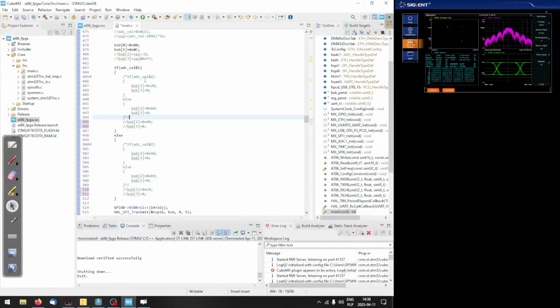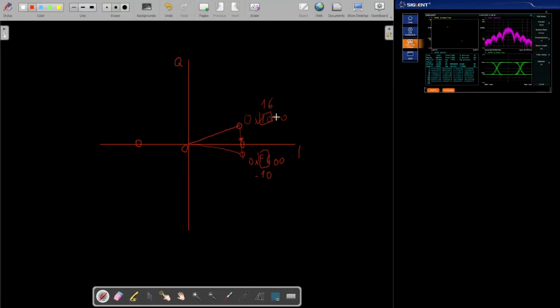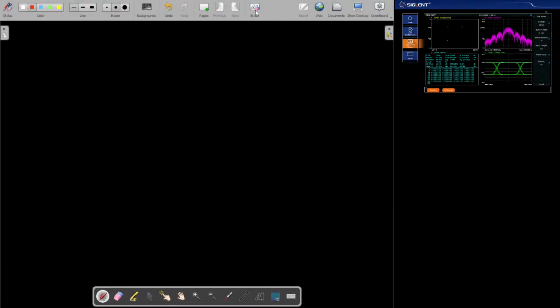Okay. So for the BPSK, we wanted to have 2 constellation points, but actually, let me clean the screen by clicking this. Yeah. All right.